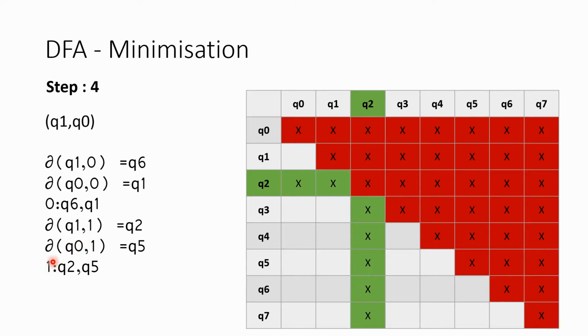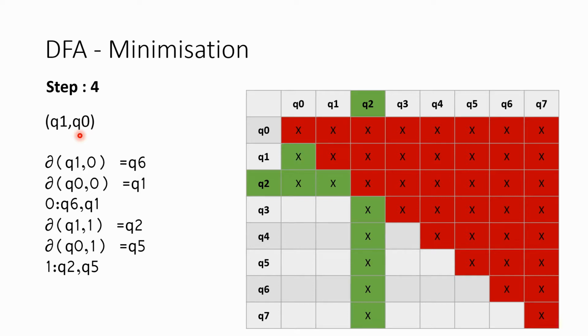So for the value 1, we have the tuple set Q2, Q5, which is marked green already in the table. If any one of the tuple sets is already marked as not equivalent, then we have to consider the corresponding tuple set, here Q1, Q0, as non-equivalent. So we are going to mark Q1, Q0 as X.